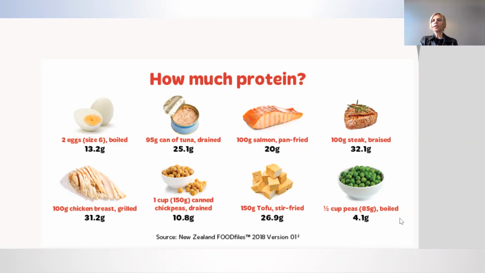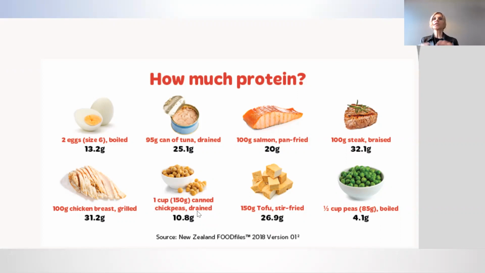And you can get some protein with peas. However, you're getting a ton of carbs with that. Tofu has a good amount of protein. Beans and nuts and chickpeas have some protein, not as high as animal protein. Animal protein is definitely going to be your best bet.